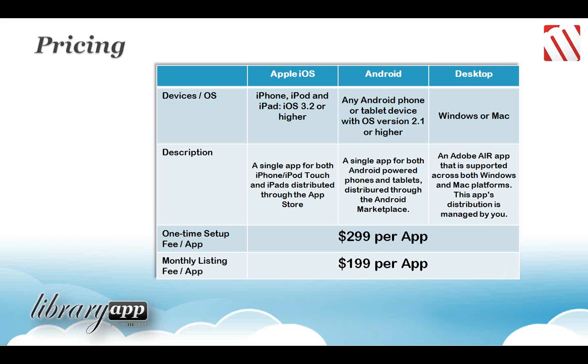This monthly listing fee ensures that we can continue to support this, including any updates such as features or bug fixes within the version of the app. So everything from version 1.0 to 1.999 will continue to be covered as the ongoing monthly fee that you pay for this app.